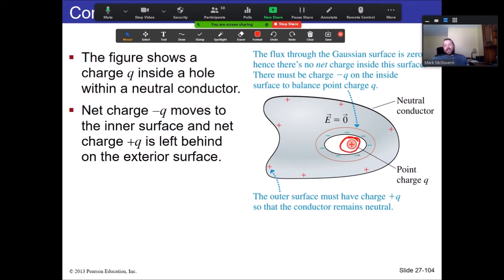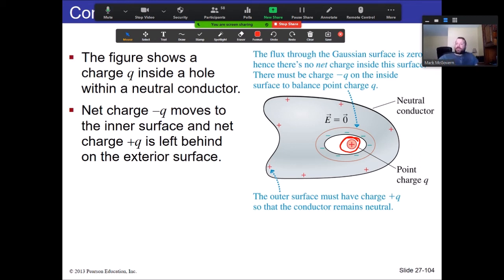Okay, so if I do it like that, that's my Gaussian surface. There's a Q enclosed, so there's an electric field. So if I were to circle the cavity now, the electric field's still zero. But in order to make sure the electric field's zero, the cavity does have to have charge on it.